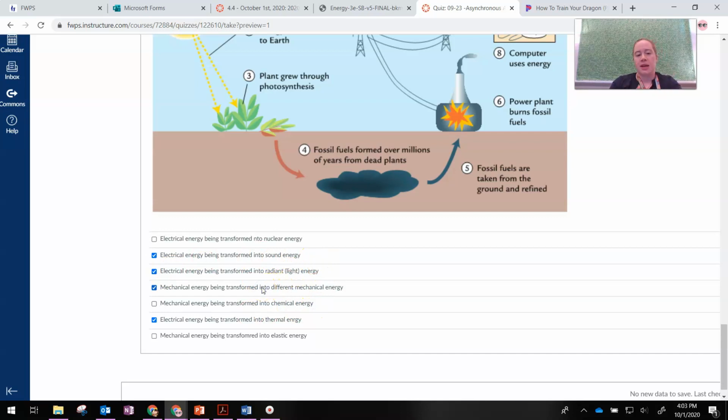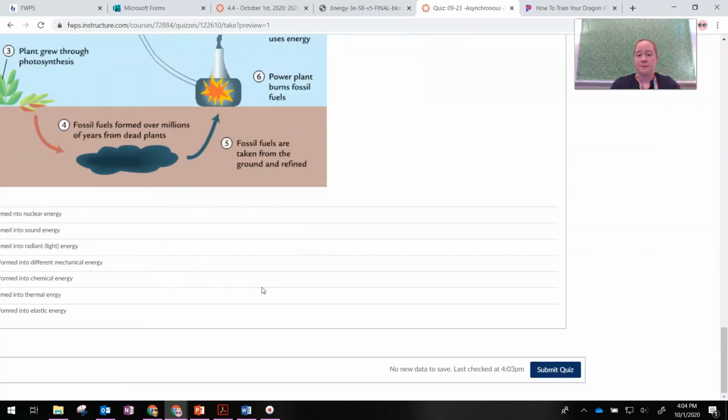This one may have been a little bit harder for students to get, but the mechanical energy is being transformed into different mechanical energy, because there are lots of different moving parts in a computer. So you plug in a computer, certain things move, and some of those things moving cause other things to move, which is why that is an option. So obviously lots of energy transformations going on.